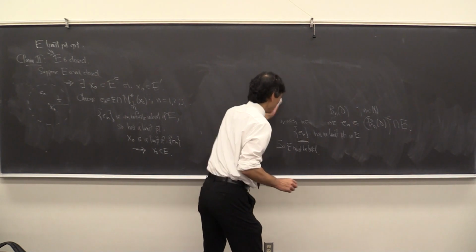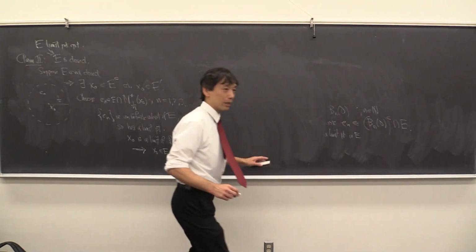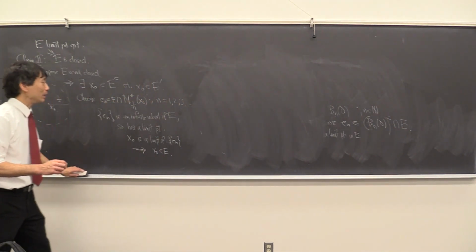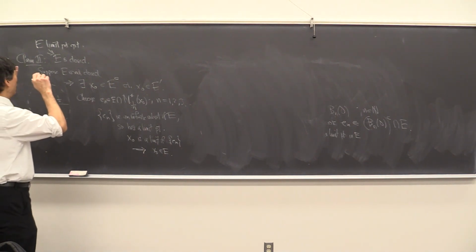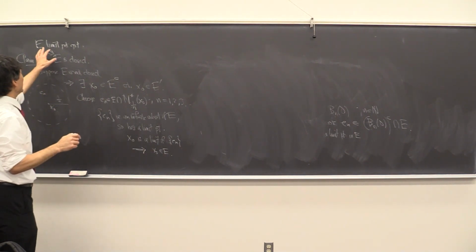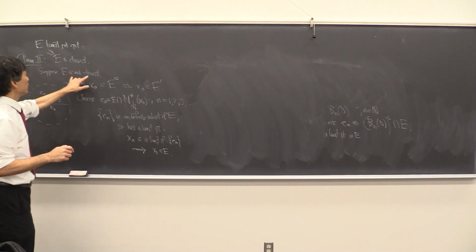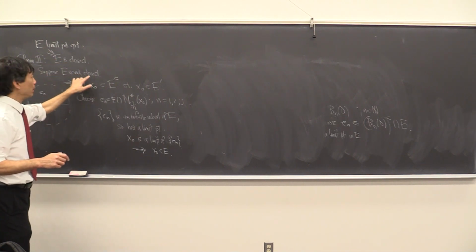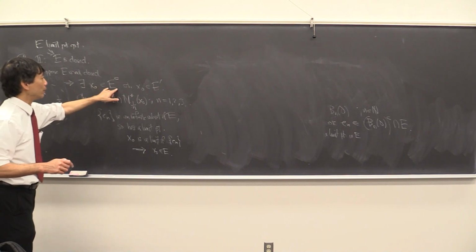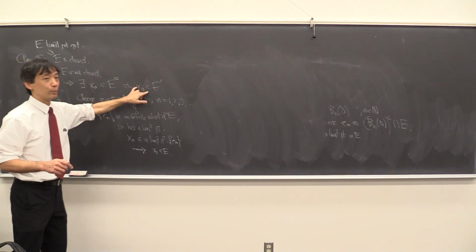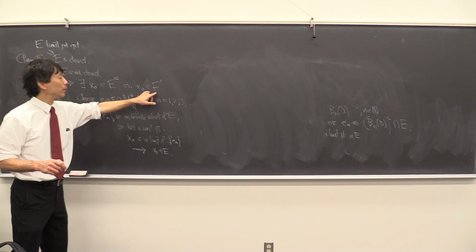Okay. So I'm cheating a little bit actually. We're not quite done actually. Okay. So let me sketch out what we're doing. We're trying to show that limit point compactness implies the guy is closed. We say suppose it's not closed. Then there's a guy in the complement who is a limit point of E, right?